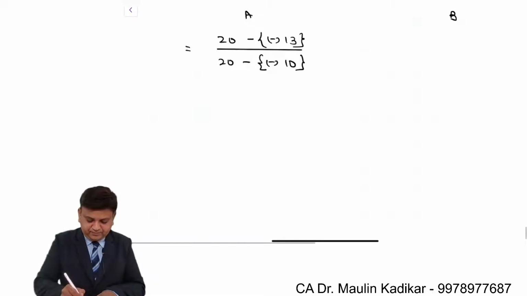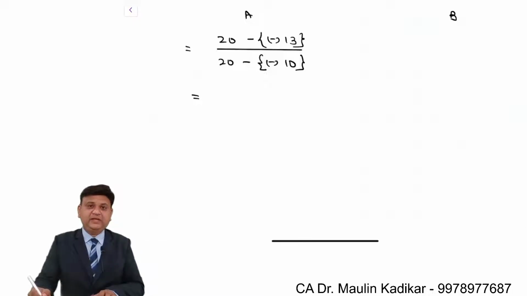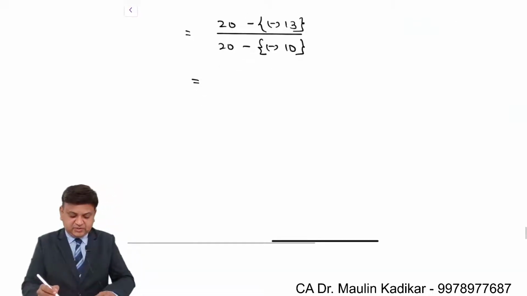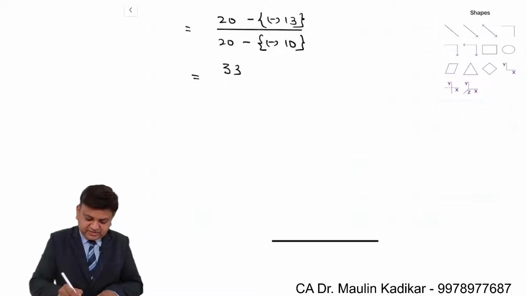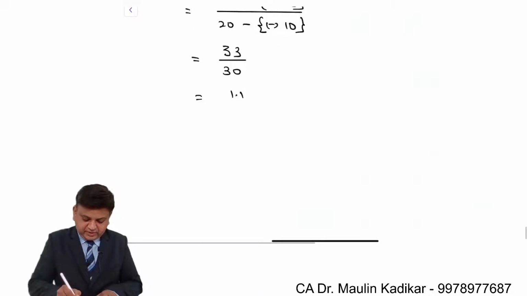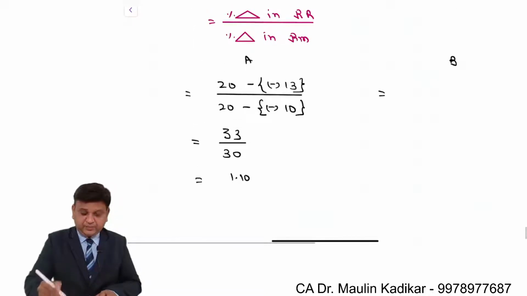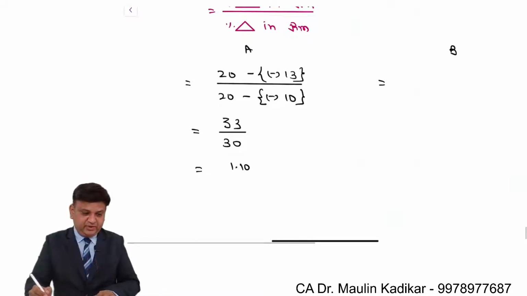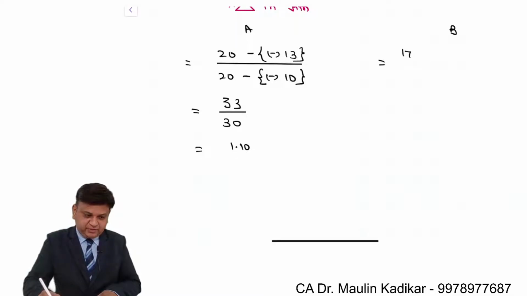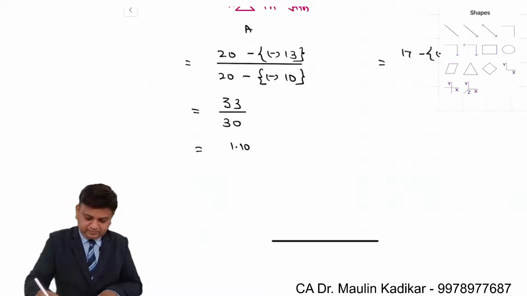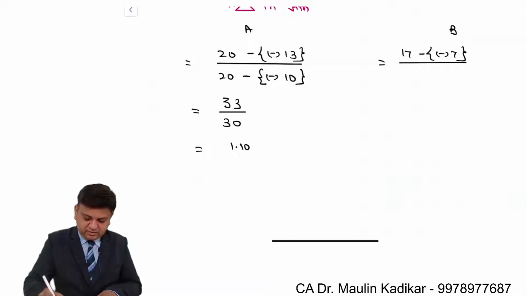Okay. So over here we understand that the change in the required rate of return is 33%, with the change in the market return by 30%. So it comes to 1.10. For the other security, the return is changing to positive 17 from negative 7, divided by 20 minus 10.